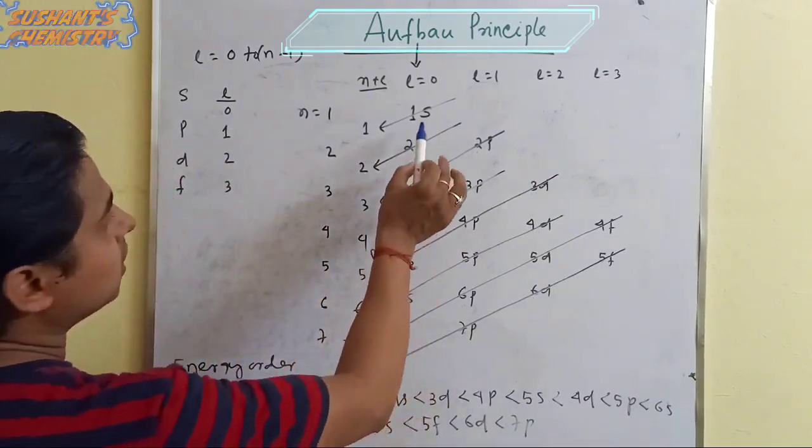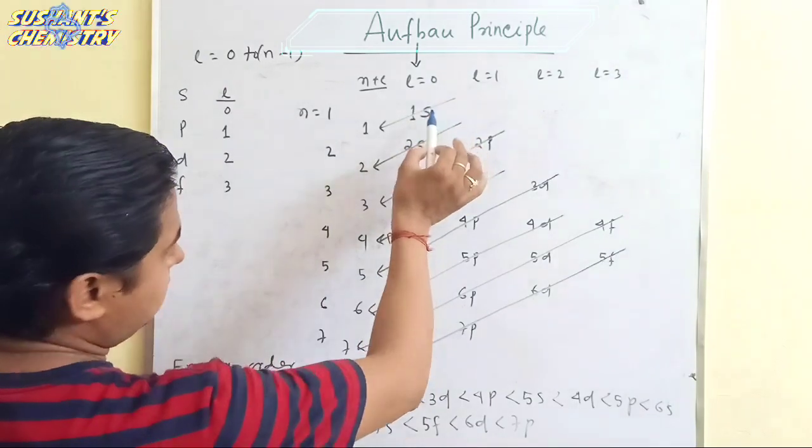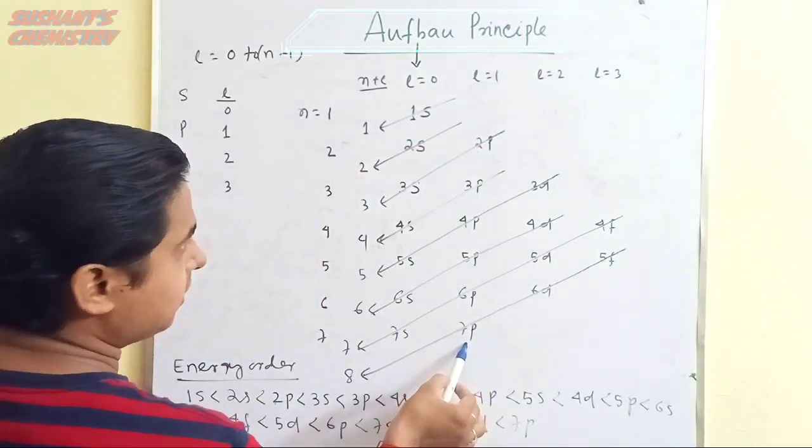That means the 1s subshell has the lowest energy and the 7p subshell has the highest energy.